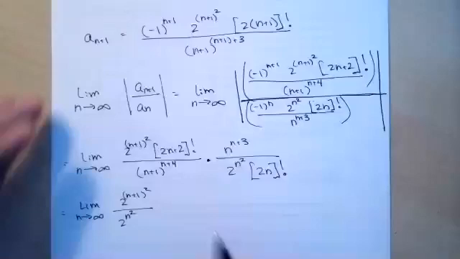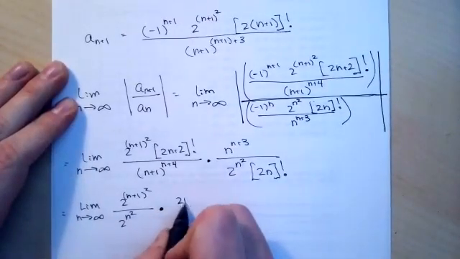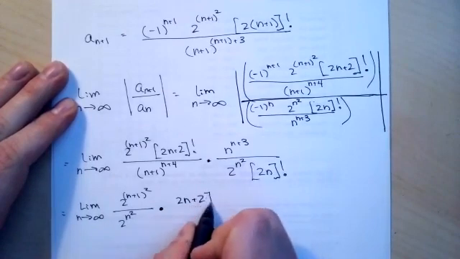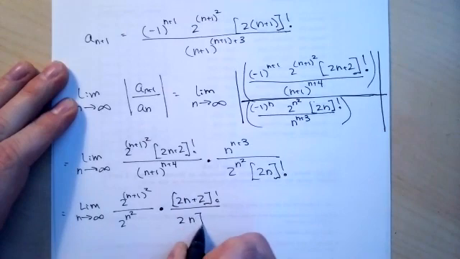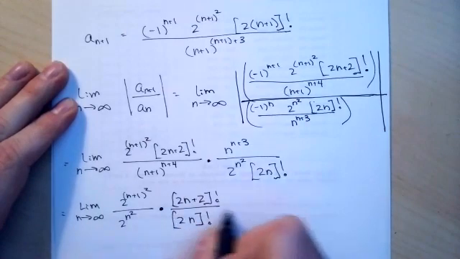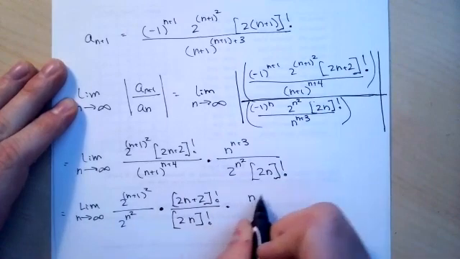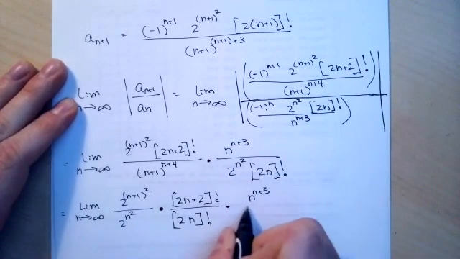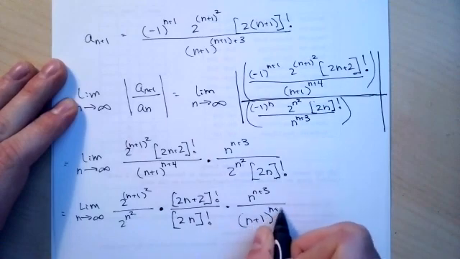Those are our geometric parts, our exponential parts. The factorials, I'm going to line up. And then we've got the n to the n parts, n to the n plus 3 over n plus 1 to the n plus 4.